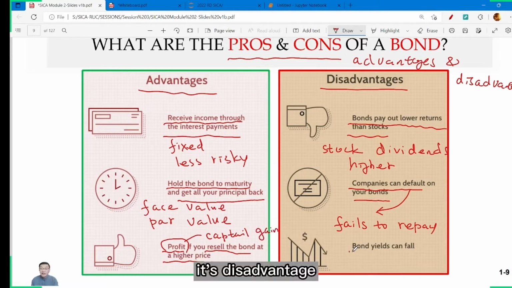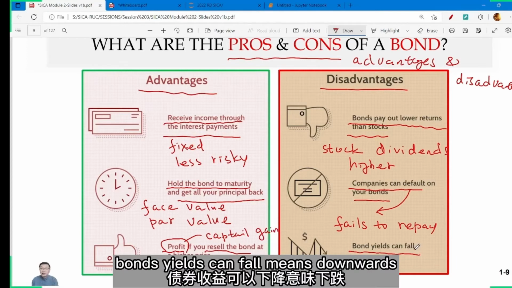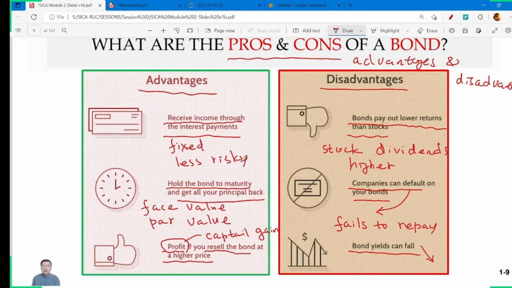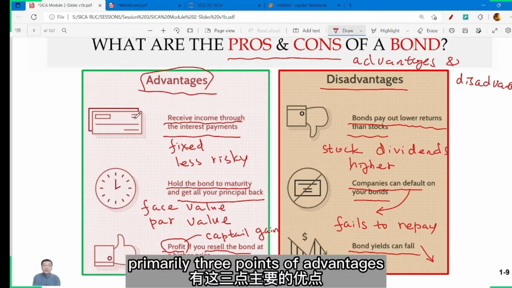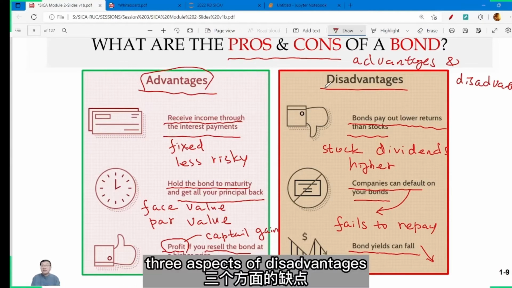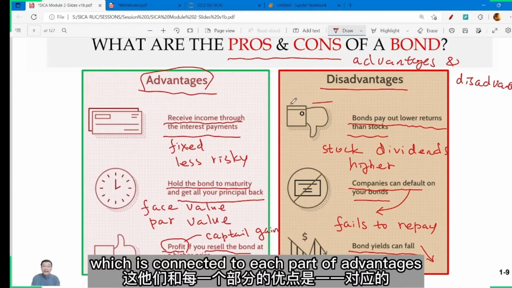Its disadvantage: bond yields can fall, meaning go downwards. So for bonds, we have primarily three advantages, and accordingly three disadvantages, each connected to one of the advantages.